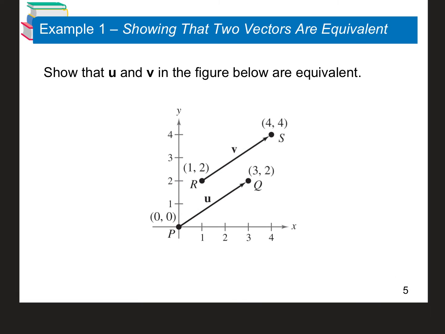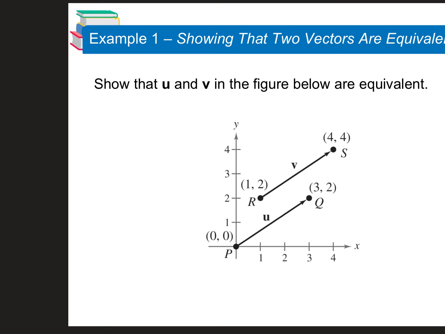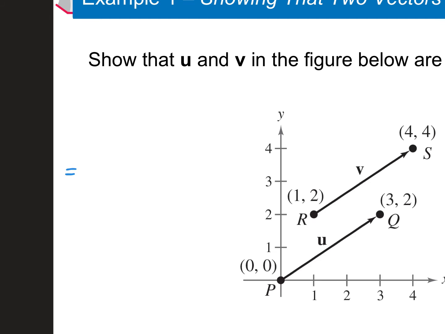So in a question like this that shows that U and V are equivalent, what did I just tell you the two things that they have to be if they're equivalent? They have to be the same length and they have to be the same direction. So let's talk about the length. The magnitude.